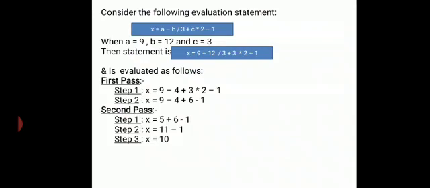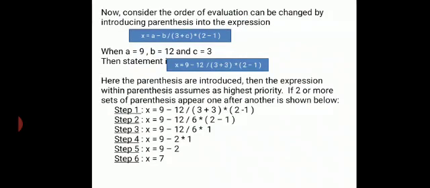First pass: x = 9 - 4 + 3 * 2 - 1, then x = 9 - 4 + 6 - 1. Second pass, step 1: 9 - 4 = 5, so 5 + 6 - 1. Step 2: x = 11 - 1, x = 10. That is the answer. Example 2 is also the same.